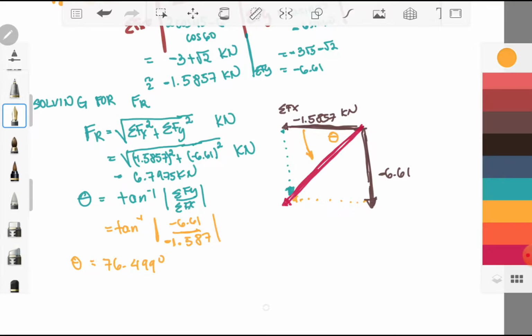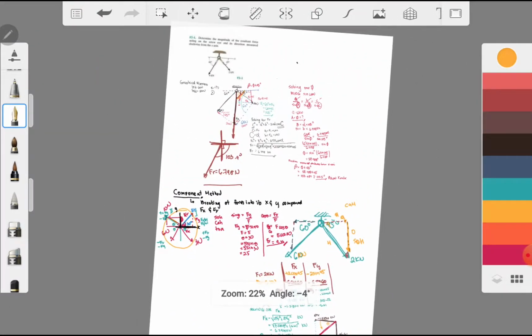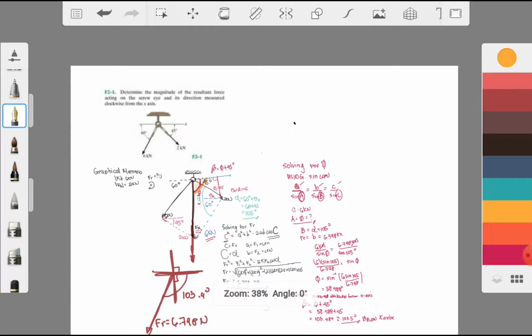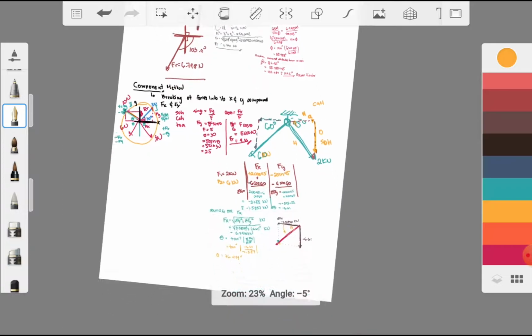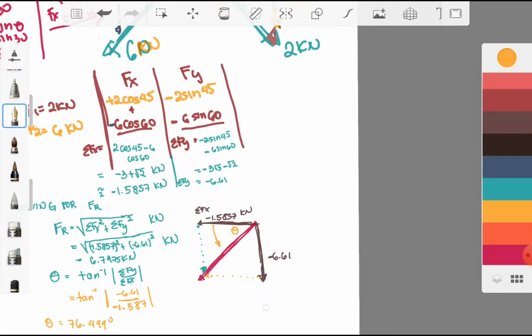But if the problem would ask you to project it clockwise from the x-axis, therefore we will get the angle from our positive x-axis in the clockwise direction to your resultant force Fr.